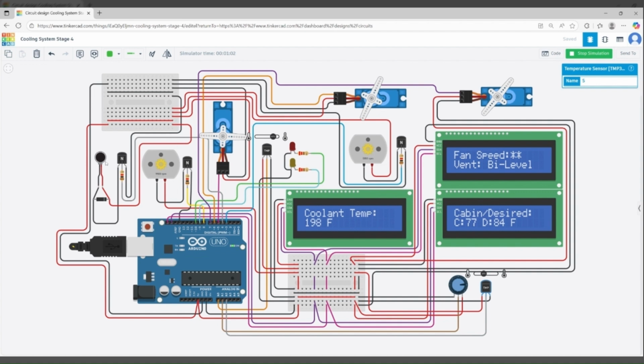All right, we can see our compressor's off. Our fan speed is at 2. Our vents are at bi-level. So RPM is 5,000. So desired would be 84 degrees, current 77. So let's take it all the way up to 90 degrees and see if it changes.